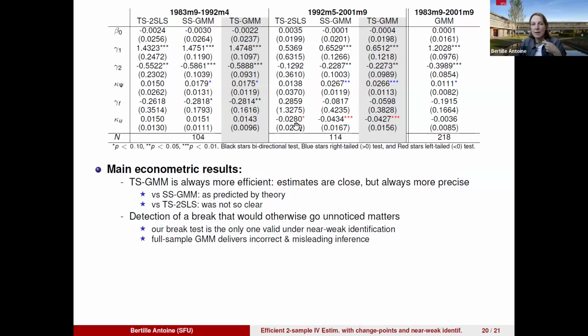For example, here, for the estimate of kappa u, the slope of unemployment, the standard error is much smaller with two-sample GMM than with two-sample 2SLS. Same thing here with the slope of the pass-through, kappa psi, with much smaller standard errors.